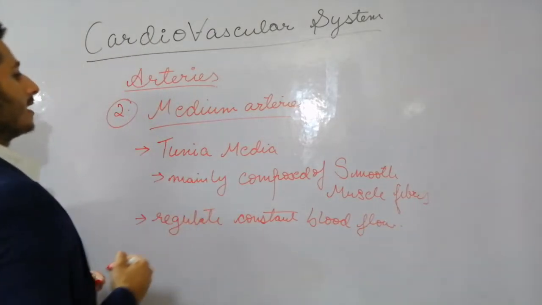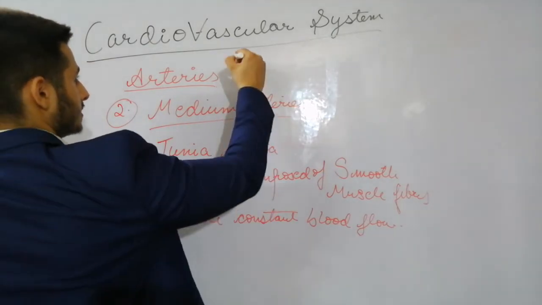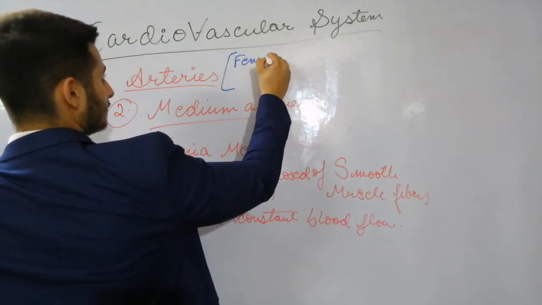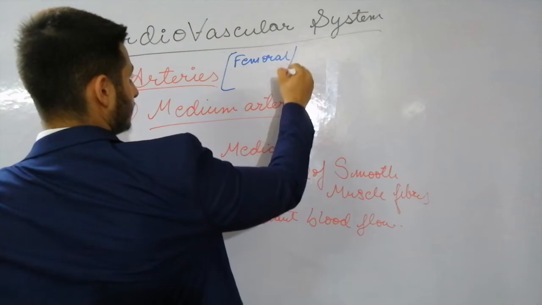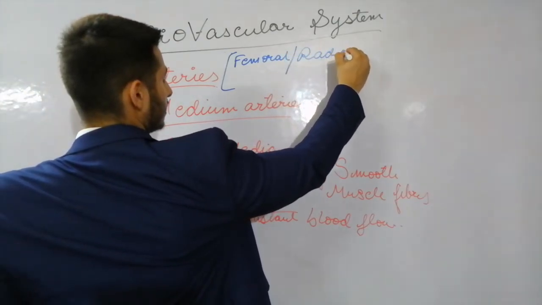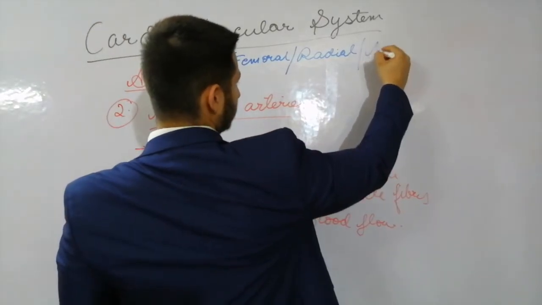A few examples of medium arteries are the femoral artery, the radial artery and the axillary artery.